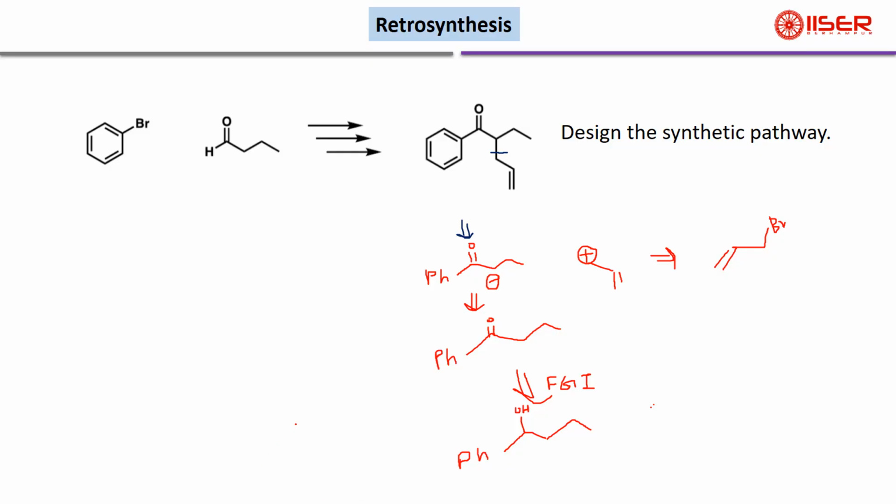next step, if you cut this one, we'll get this phenyl magnesium bromide, and this aldehyde.